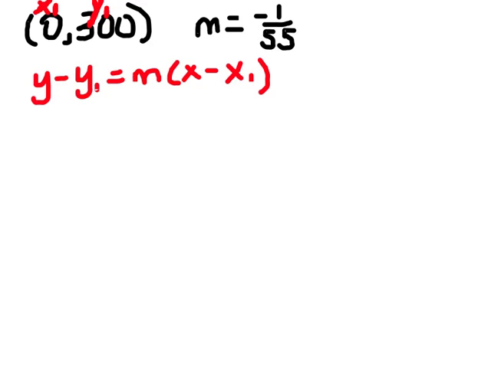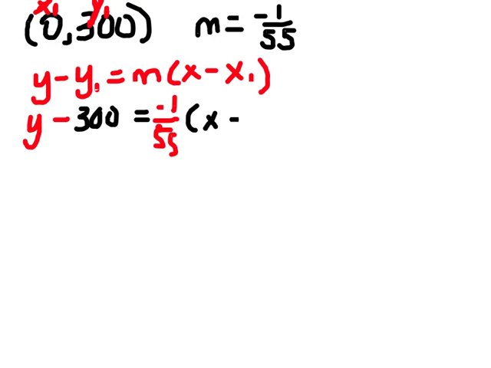And what I'll do now is stick that in. My y1 is 300. My slope, I'm going to stick that in from up here, -1/55. So I plug in the slope, and then I need to plug in the x1, so I'll write it in red so you can see where I got it. I got it up here at 0.